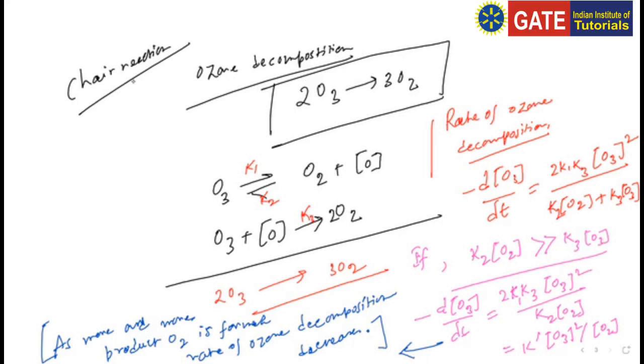So if by any chance they ask a question, that's what I'm telling you. Okay, this is the case. We calculate this using the steady state approximation. If a reaction is producing something and it is again going away, we use the steady state approximation. From there we get the equation, everything.